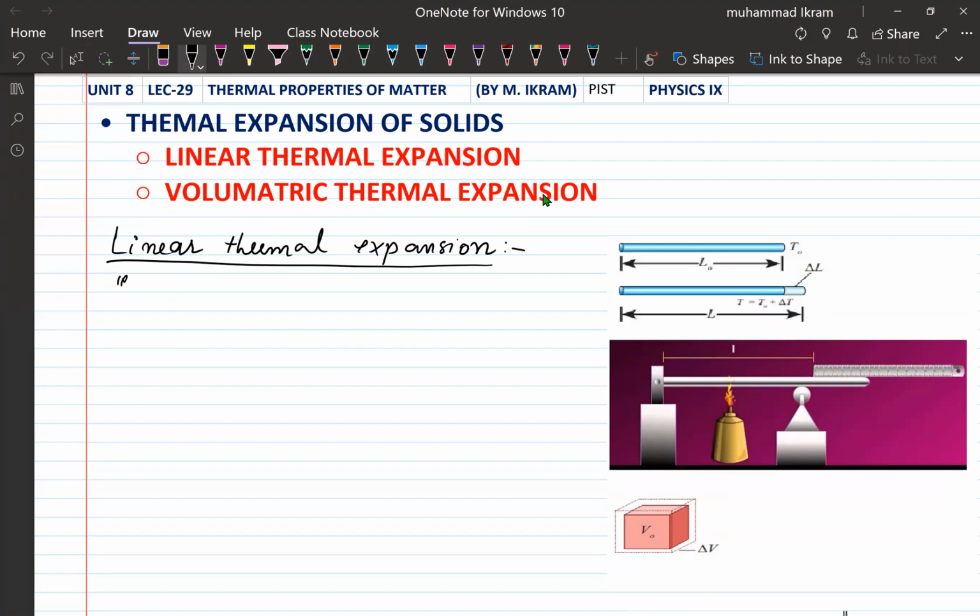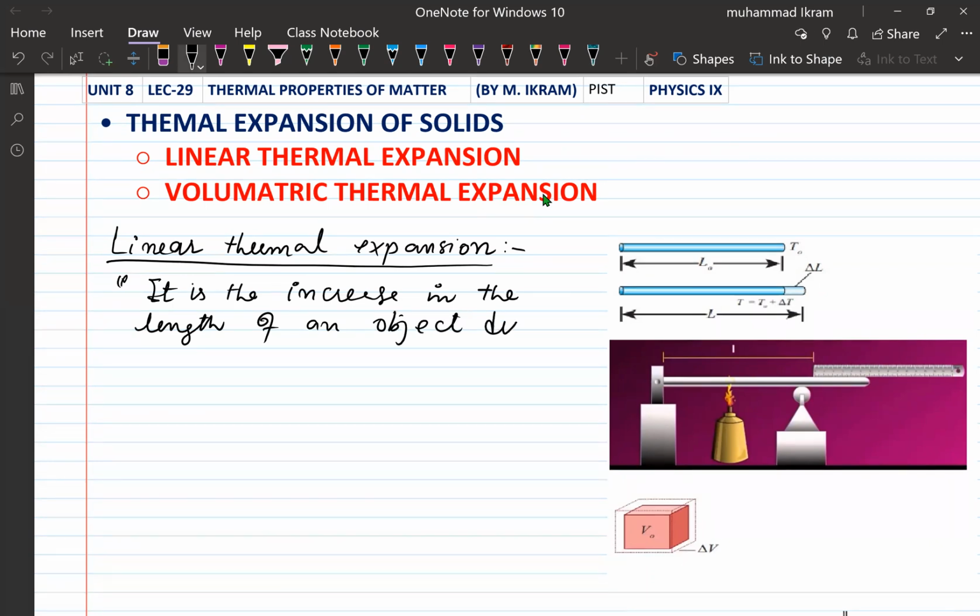It is the increase in the length of an object, or the size of an object, due to heating, or better, due to a rise in its temperature.